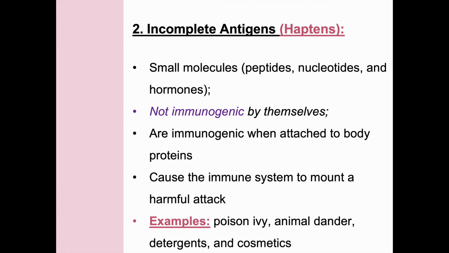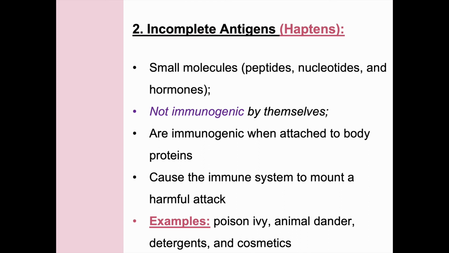Now let's go to the incomplete antigens, which we call haptens. They are small molecules that are non-immunogenic by themselves, but immunogenic when attached to body proteins, causing the immune system to mount harmful attacks. Examples are poison ivy, animal dander, detergents and cosmetics.